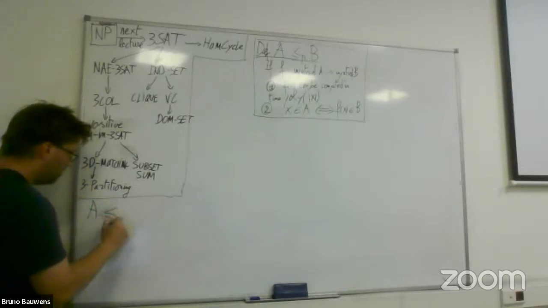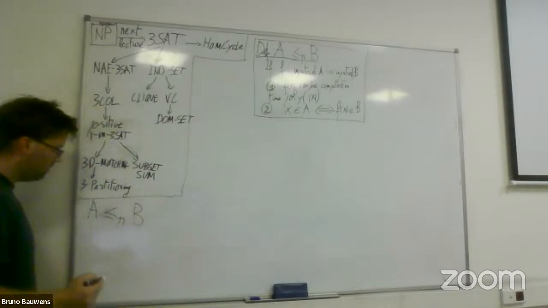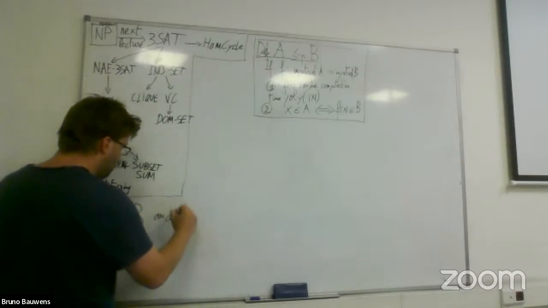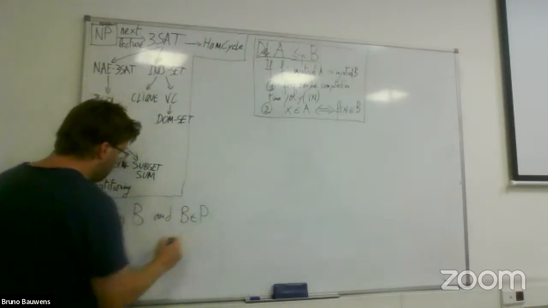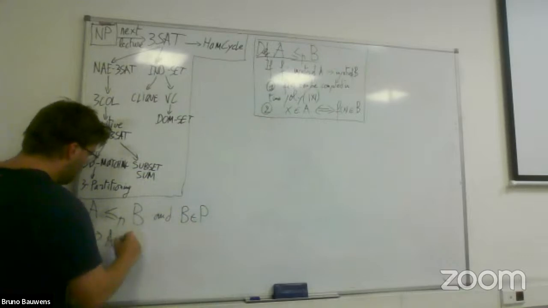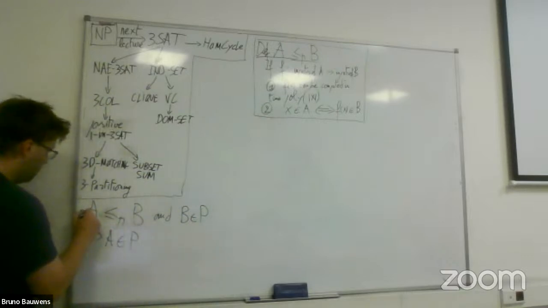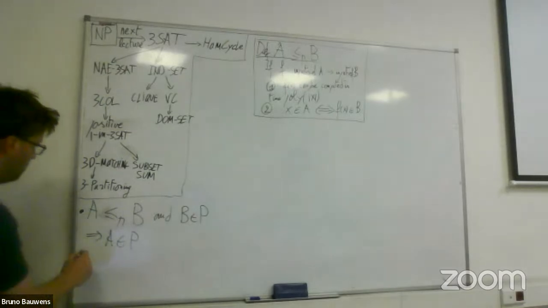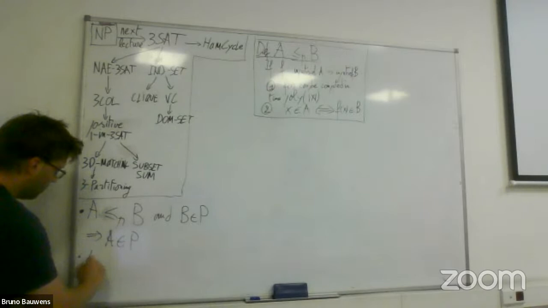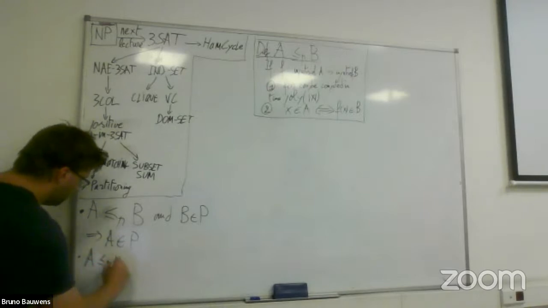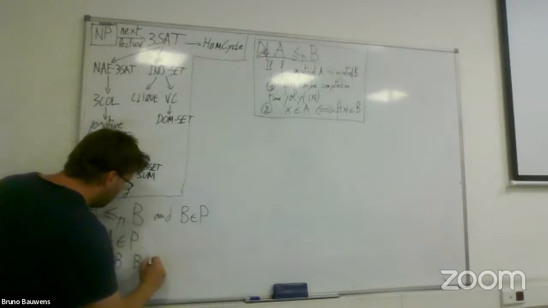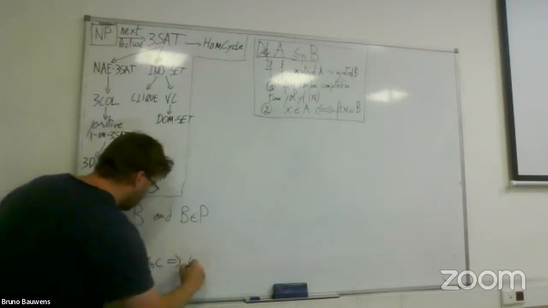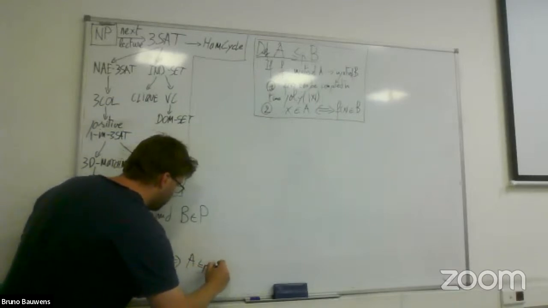For example, if A is polynomially reducible to B, and B is in P, then A is in P. This is one. Then also transitivity: A reduces to B, B reduces to C, then A reduces to C.